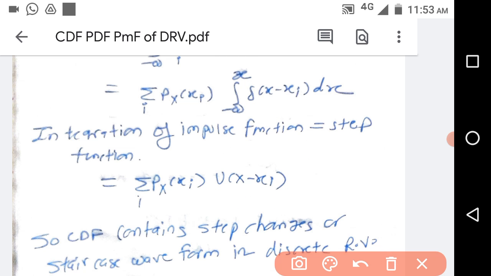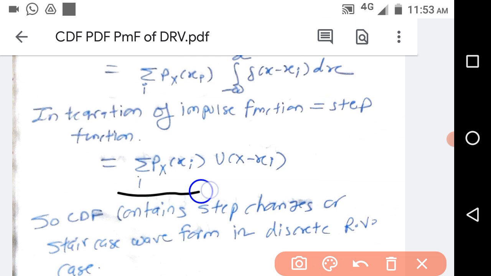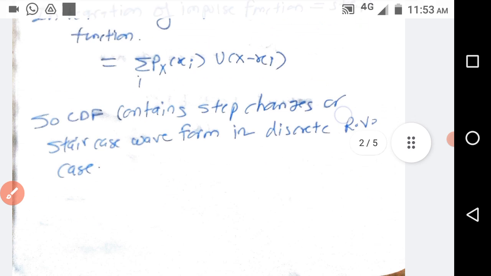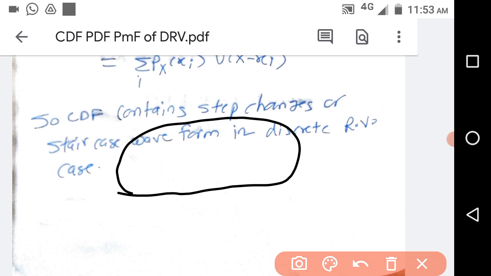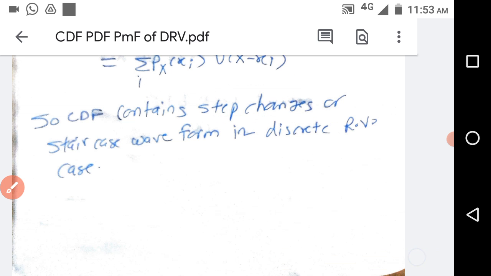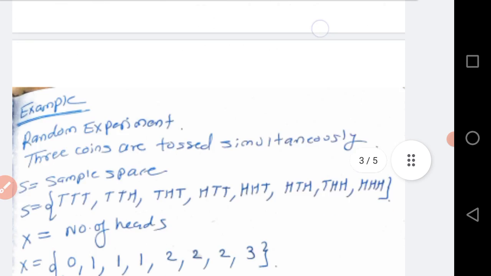So you got the PDF formula and the CDF formula: F_X(xi) is equal to summation P_X(xi) u(x minus xi). From here we can see that CDF contains step changes, or has the staircase form, in case of the discrete random variable.